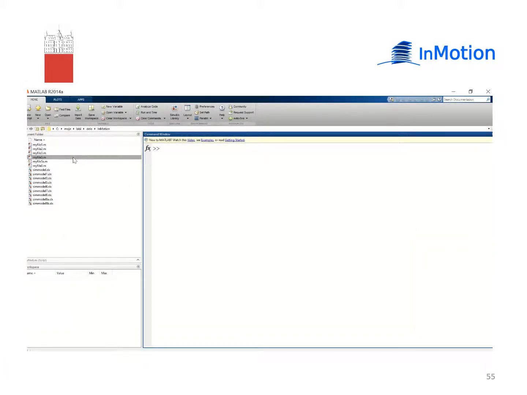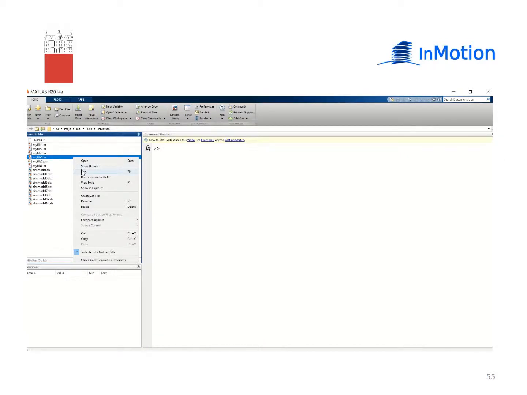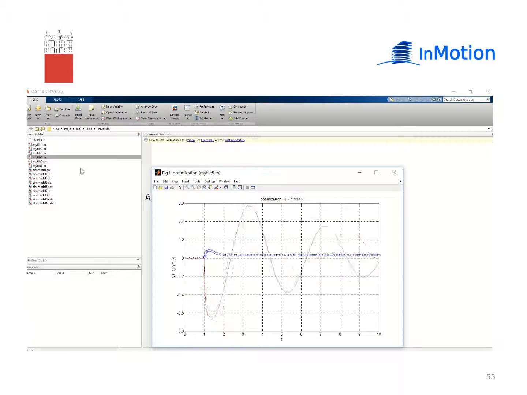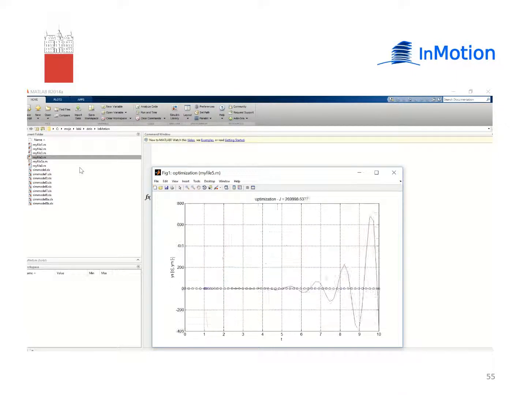Let's observe now the consequences of the execution of the prepared files. I'm starting the file myfile5, and here we can observe the temporary results.